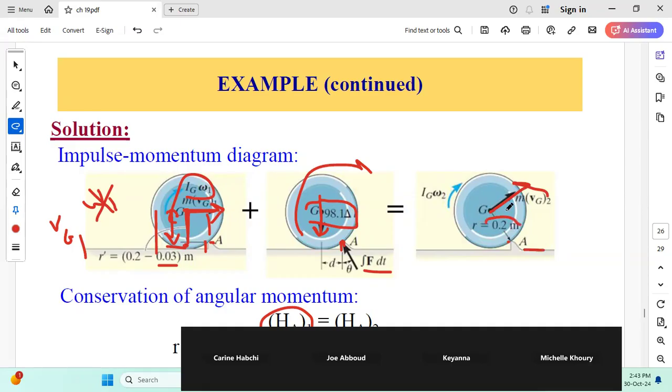To be able to rotate about A, you need to be able to reach this position. Why is this the most critical position? Because here you have an elevation and you gain gravitational potential energy. So at this level, you will have the minimum velocity.